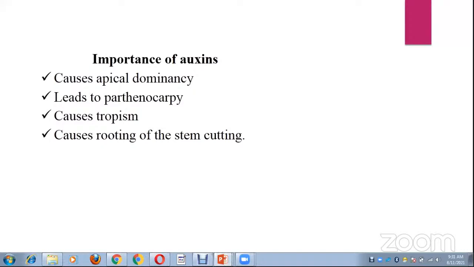Then Faith. Sir, I have not understood the curves of the graph. Okay. Let me comment about this graph once more.